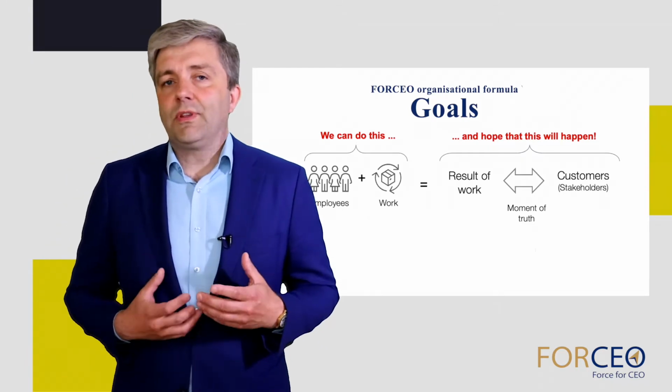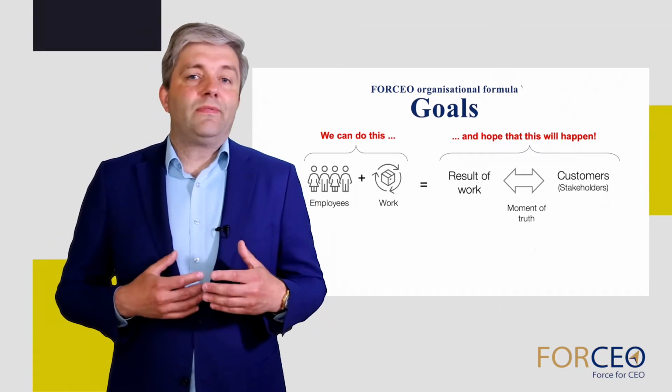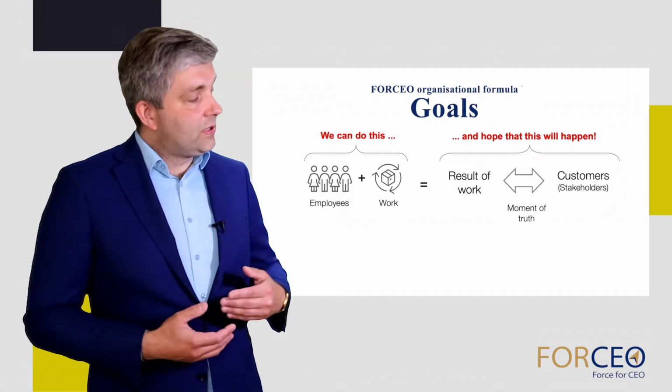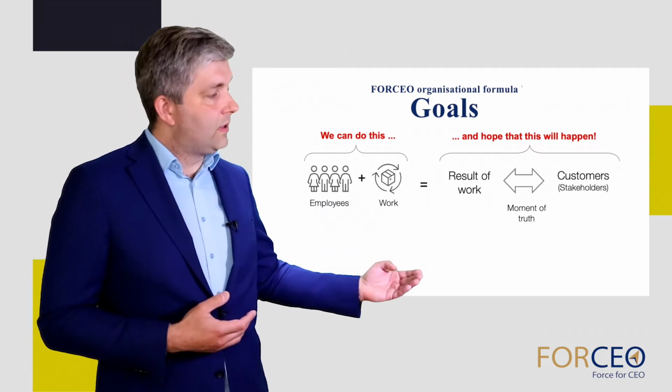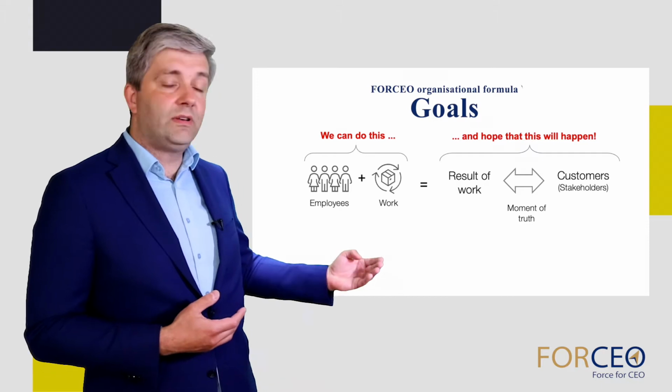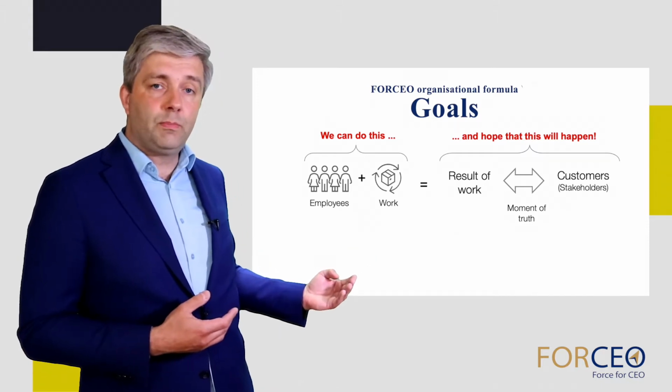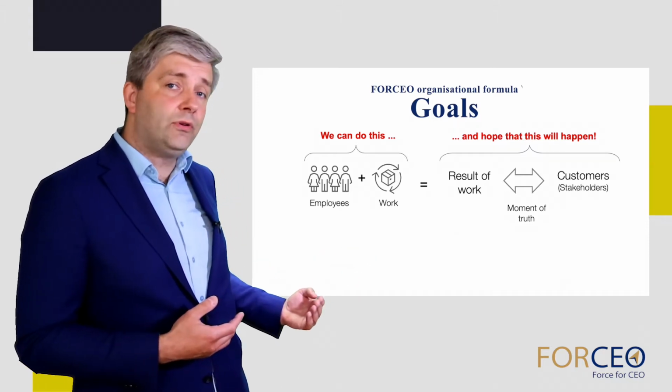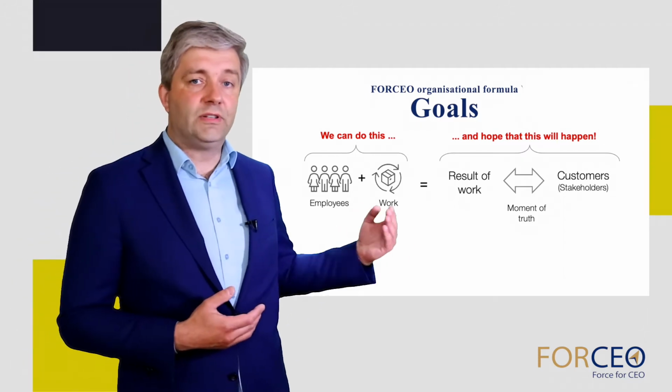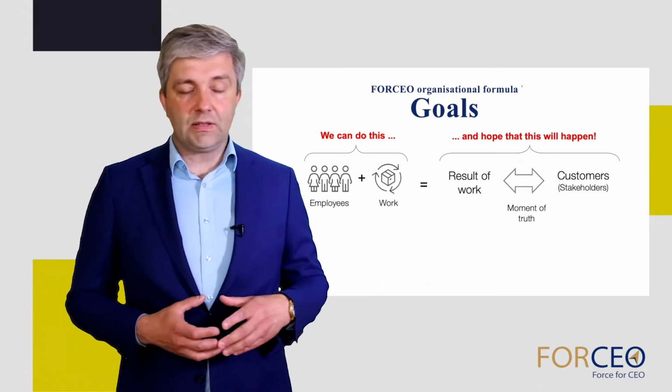But once it comes to goal setting, actually we start vice versa. We start from the customer, then we define the result, and then we define what activities need to be performed and who has to do them to create the result which is given further to the customer.